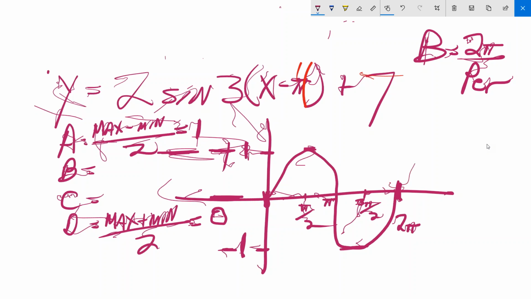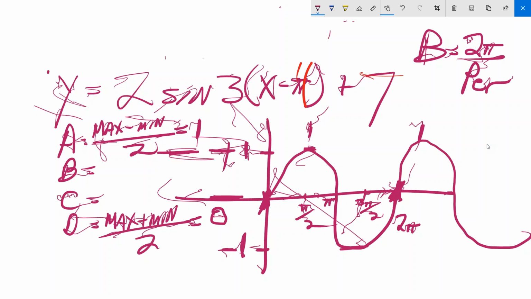So the period could be measured from there to there, or from this point to this point. You want one complete period before you start over again and repeat.